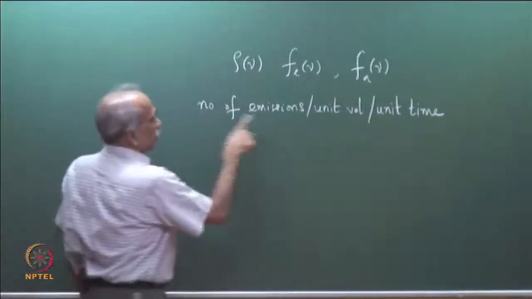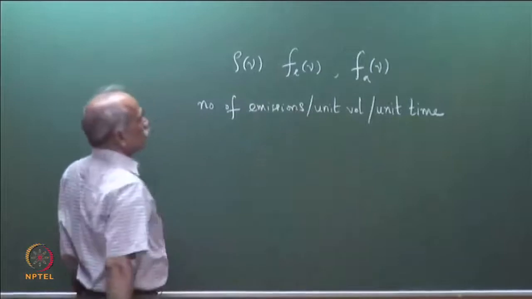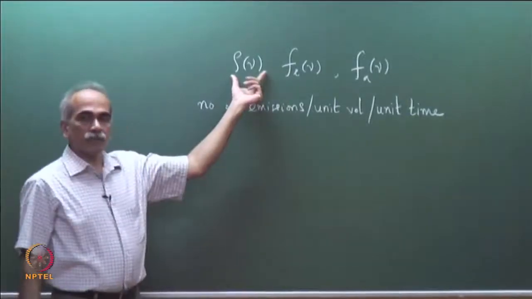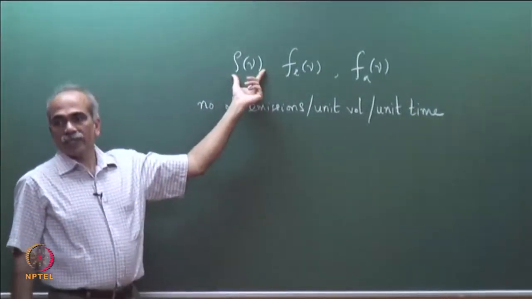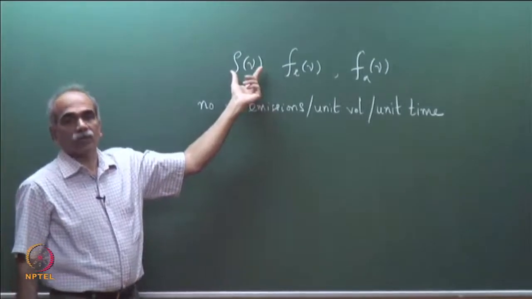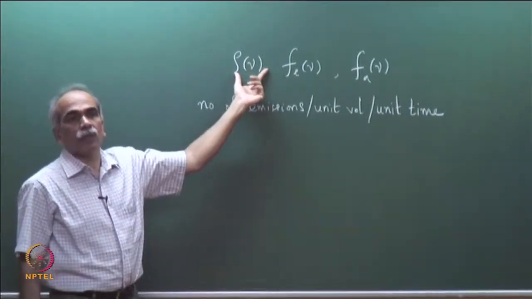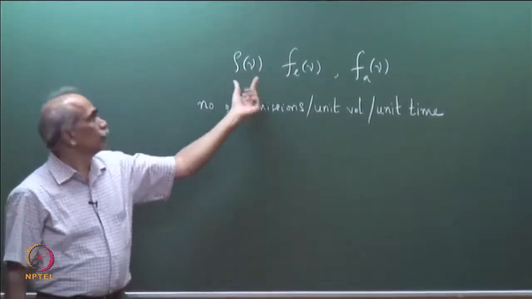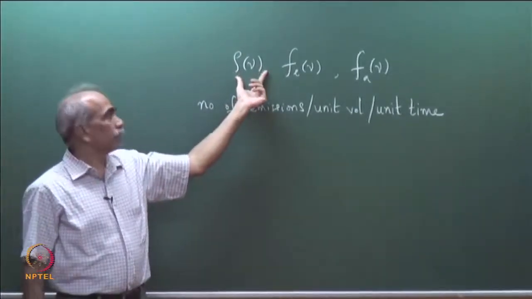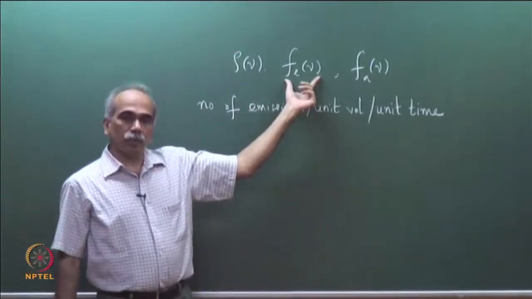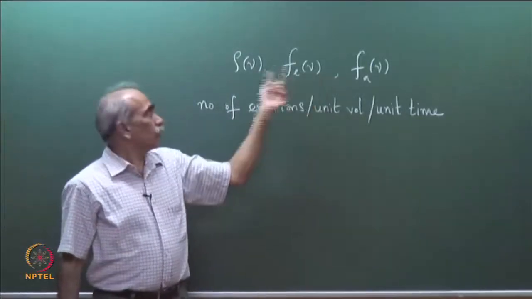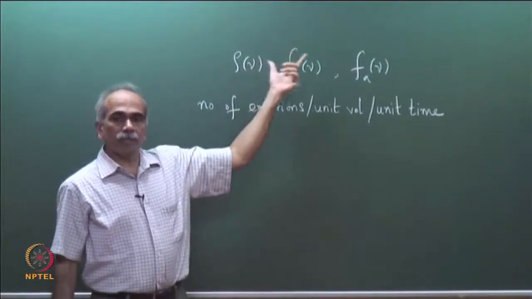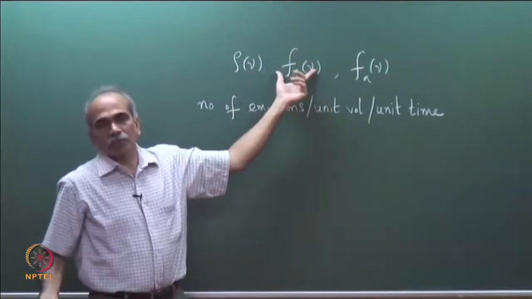The number of unit emissions per unit volume: rho of nu is the optical joint density of states, that is, the number of states available for photons of frequency nu to interact with. Fe of nu is the emission probability, and therefore the number of states multiplied by the emission probability gives the number of emissions.